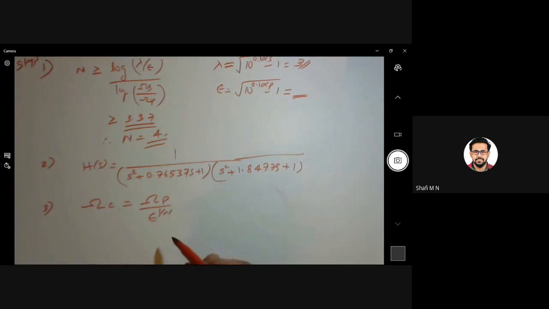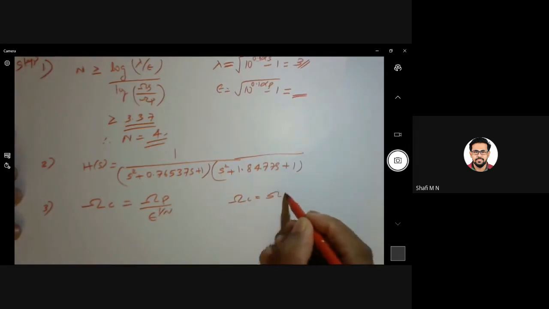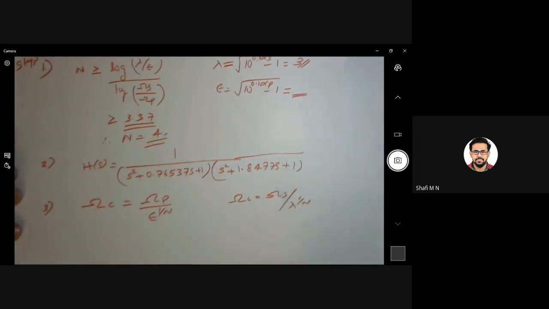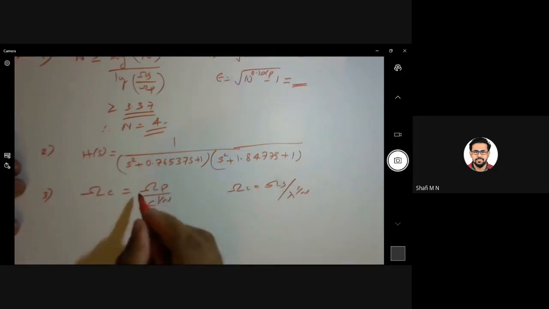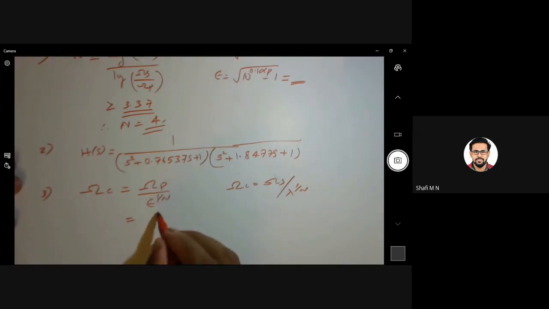If it is specifically mentioned that you have to meet the stopband specification, you have to use the other equation, omega s by lambda raised to 1 by n. So we can use omega p by epsilon raised to 1 by n, and omega p is 20.